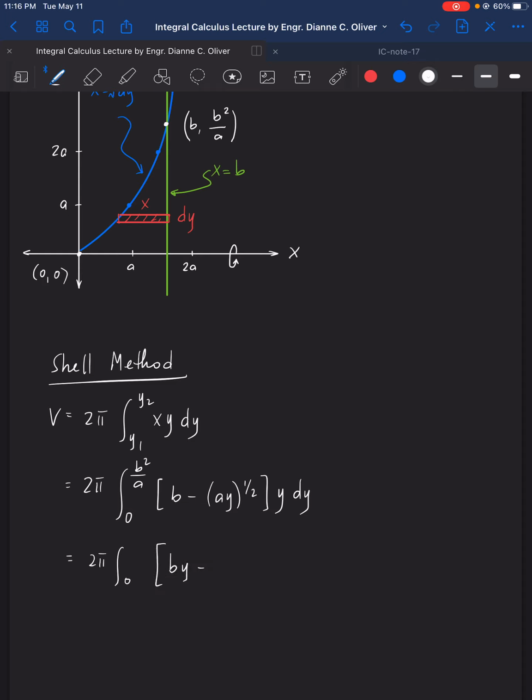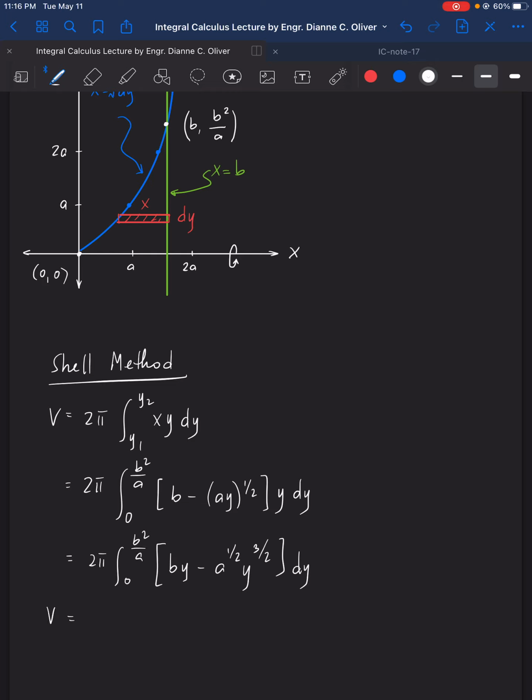by minus, we have a 1/2, then y raised to 1/2 plus y times y, that becomes 3/2 dy. So the limits are 0 to b squared over a.